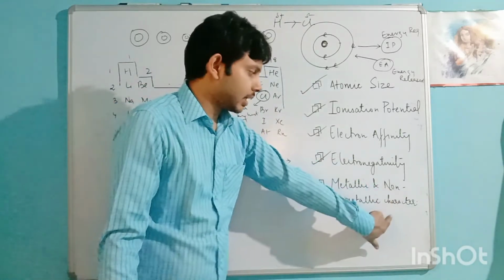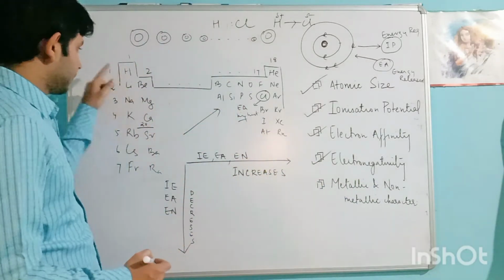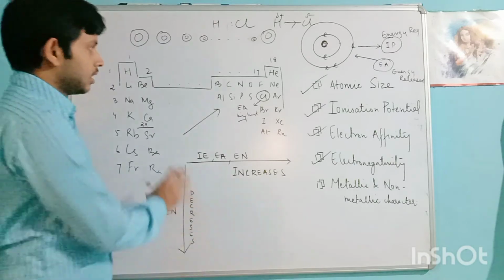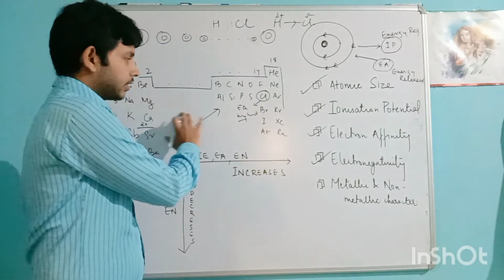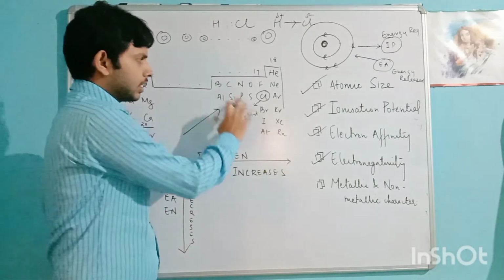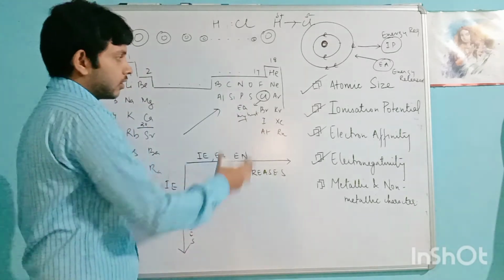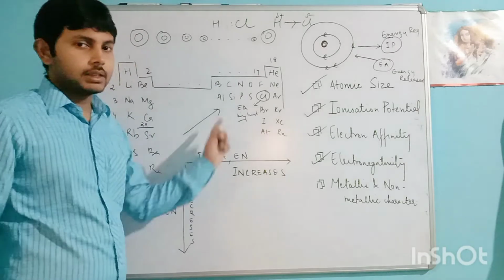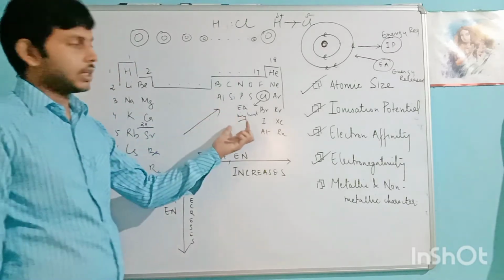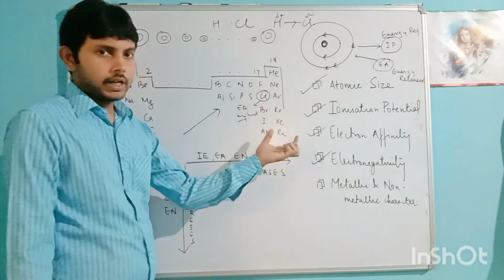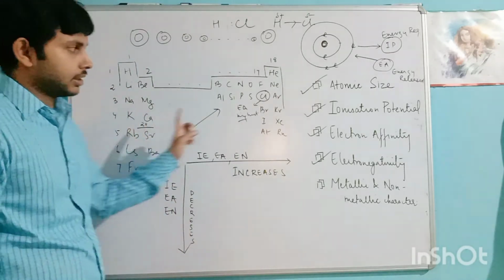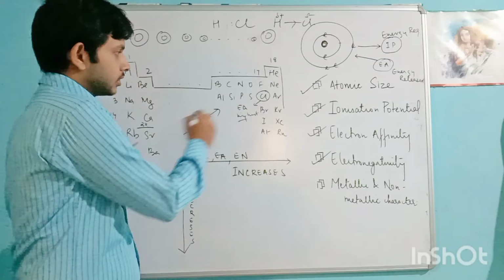Metallic and non-metallic character. In the periodic table, at the left there are metals, and slowly as you go, there are transition metals, and then the metals get a bit weak, so they are called weak metals. And in the border there are metalloids which have both metal and non-metal character, and then non-metals. Okay, so non-metallic character increases across a period.